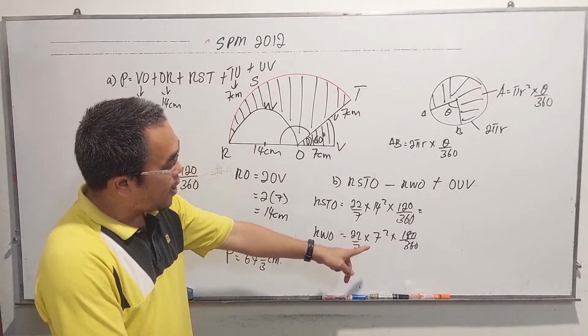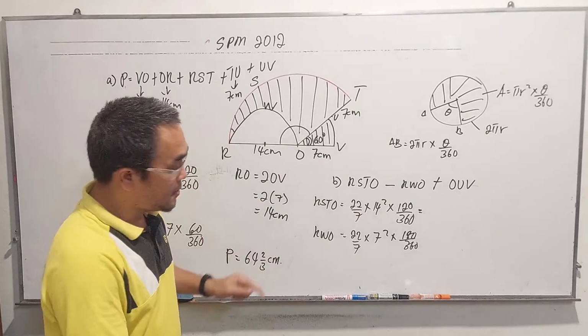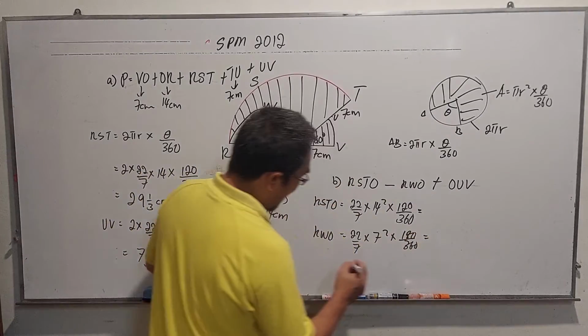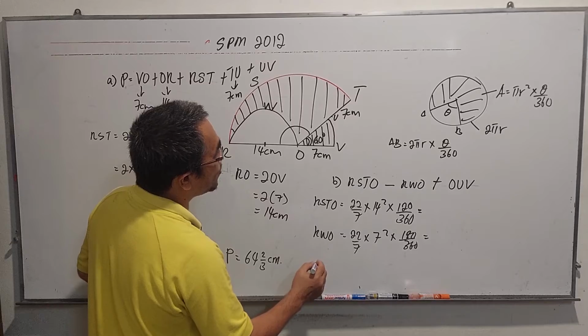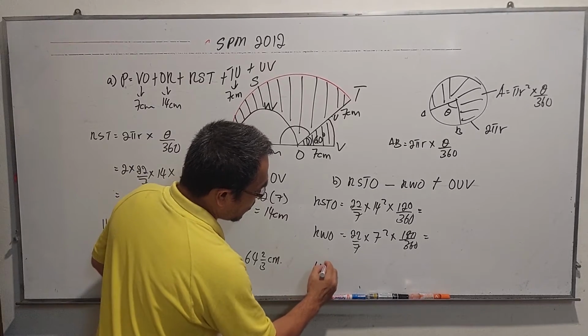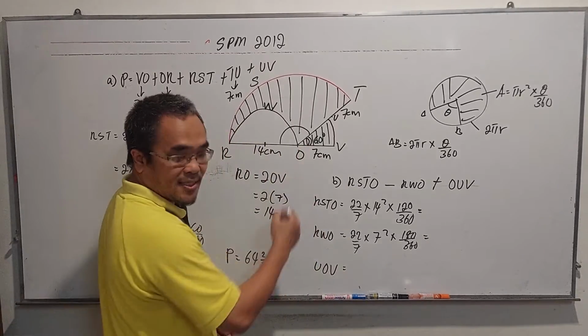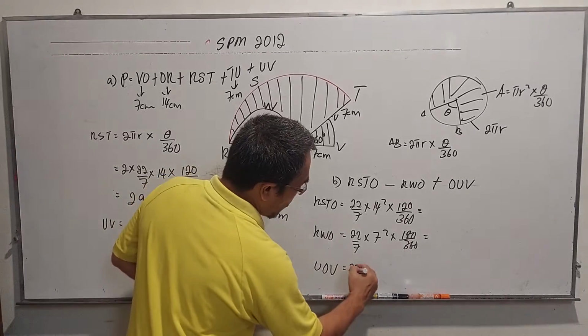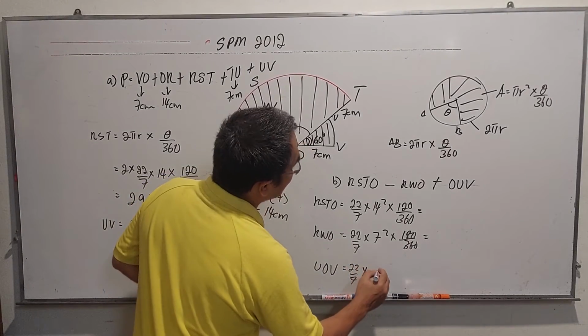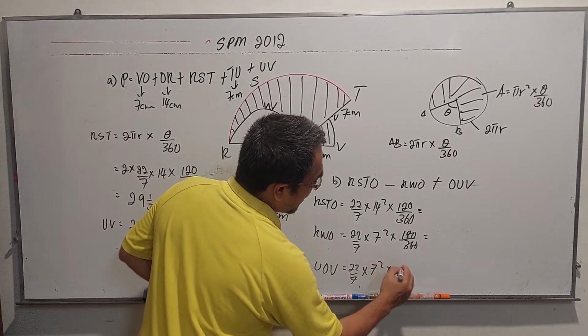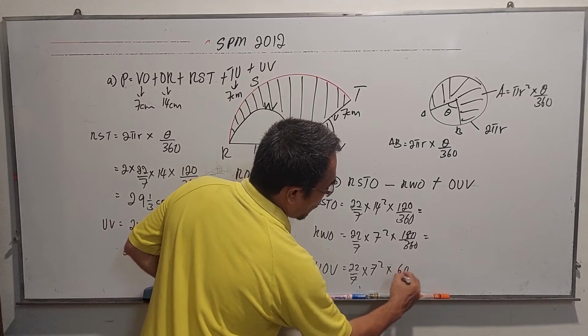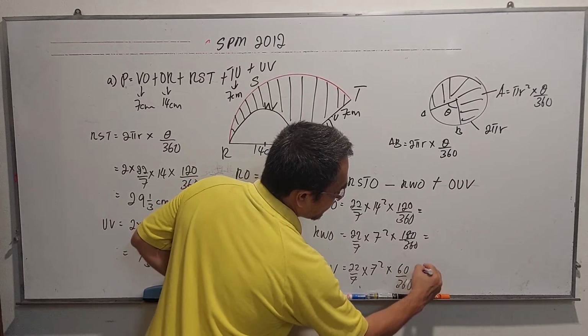Why 180? Because it is half of a circle. And then the last one will be UOV. UOV is a sector. So 22 over 7 times 7 squared times 60 over 360.